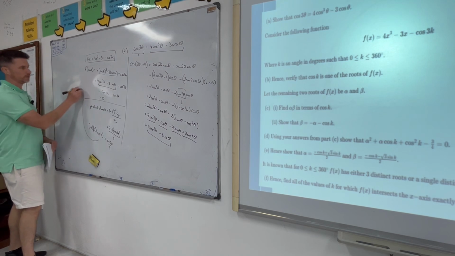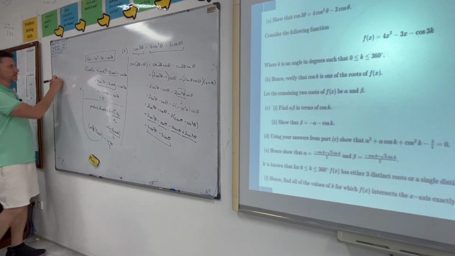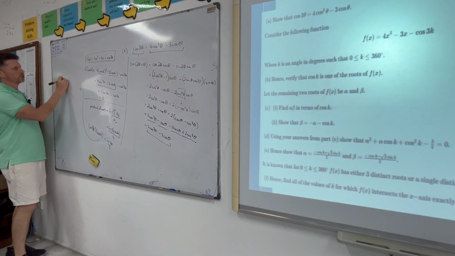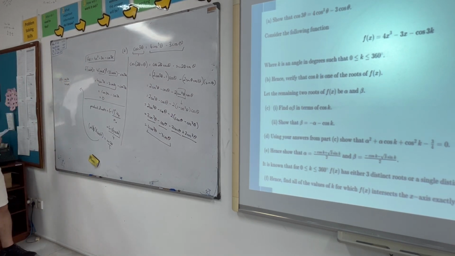I think just divide by cosine k. Alpha beta is equal to cosine 3k over 4 times cosine k. But can you simplify it more by plugging in the formula cosine cubed k minus 3 cosine k? Yes. So that's what I was thinking.